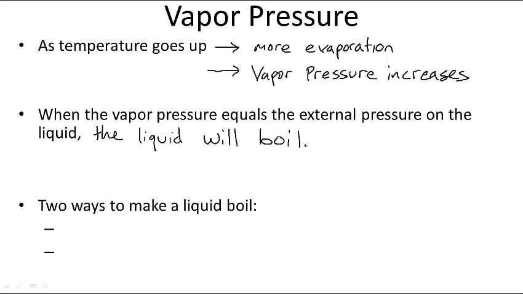So that implies that there are two different ways I could make a liquid boil. What's the traditional way? How do you usually make a liquid boil? Heat it. So as the temperature goes up, vapor pressure goes up until vapor pressure equals the external pressure.